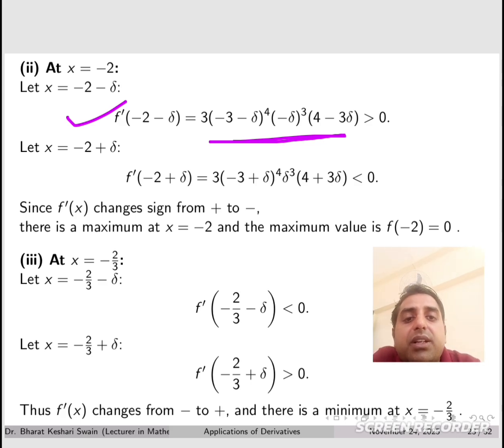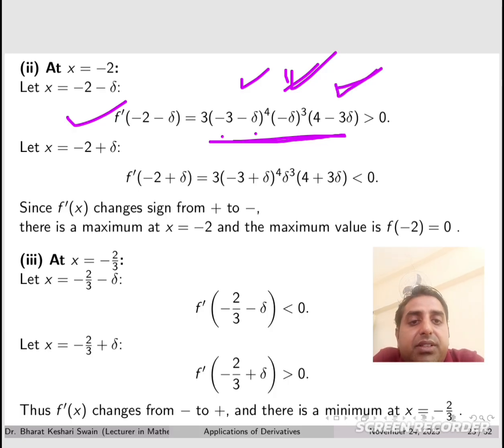So check, minus 3 minus delta whole to the power 4, it is positive, whole to the power 4 means positive. Then minus delta whole to the power 3, so minus 1 to the power 3, it is negative. And 4 minus 3 delta, so it is positive, isn't it?